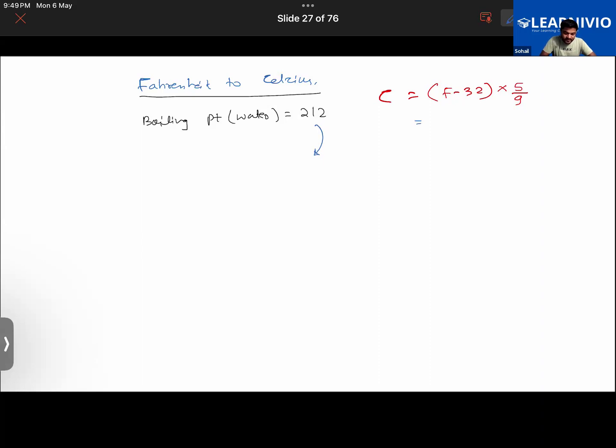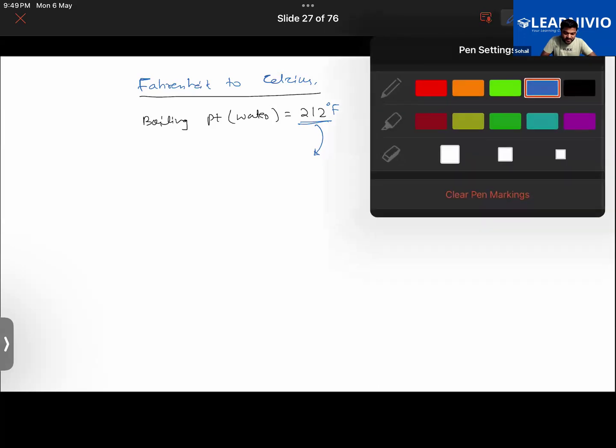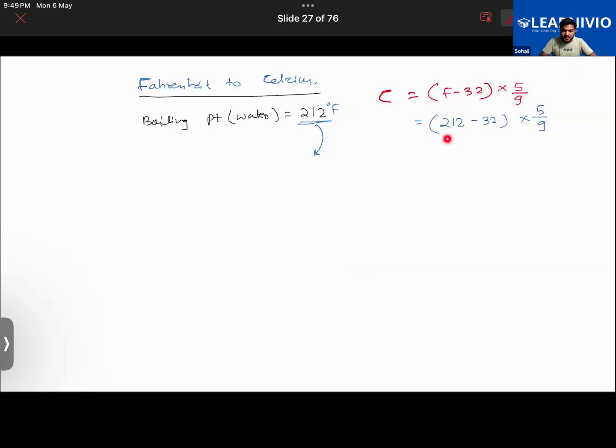What is the value given in Fahrenheit here? 212. Subtract 32 from it, and then multiply whatever value you get by 5 upon 9. Will you be able to do this? Okay. What is 212 minus 32? Quickly. Let's see whose maths is fast. 212 minus 32.